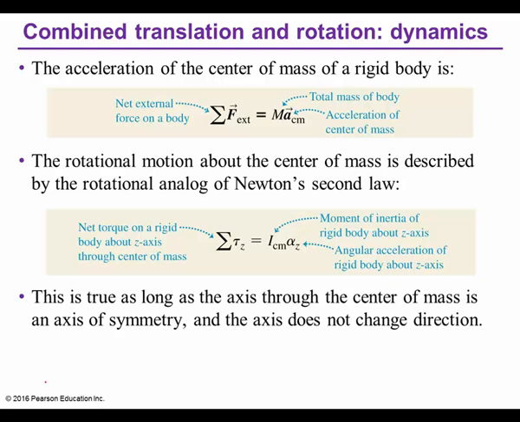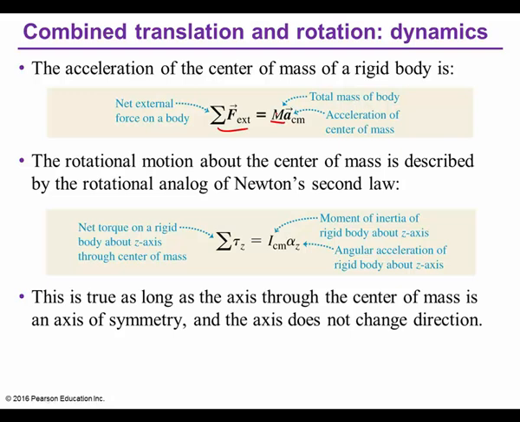All right, so let's continue on down. Let's look at combined translational and rotational dynamics. So when we look at the acceleration about the center of mass of a rigid body, notice that the net external force, the sum of all forces externally, is equal to the total mass times the acceleration at the center of mass, okay? In other words, translationally.